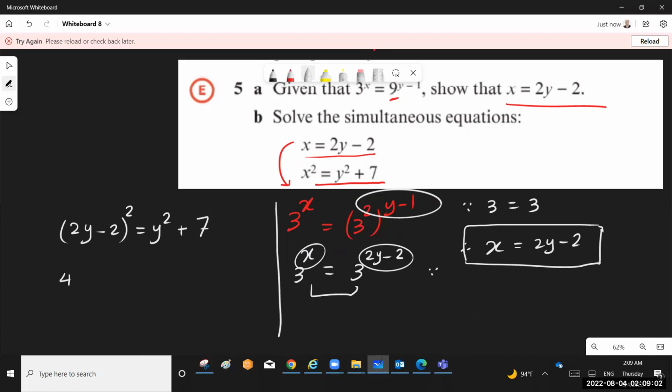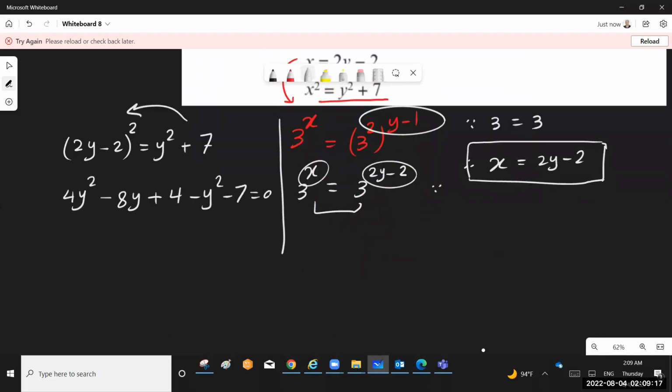And after that, 4y squared minus 8y plus 4 minus y squared minus 7 is equal to 0, just bringing this side here with it. So 4y squared minus y squared gives 3y squared, minus 8y, 4 minus 7 is negative 3, equal to 0.